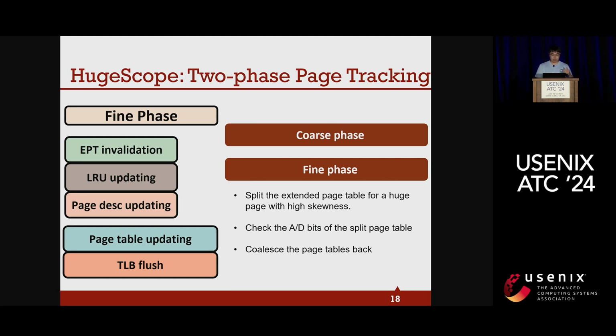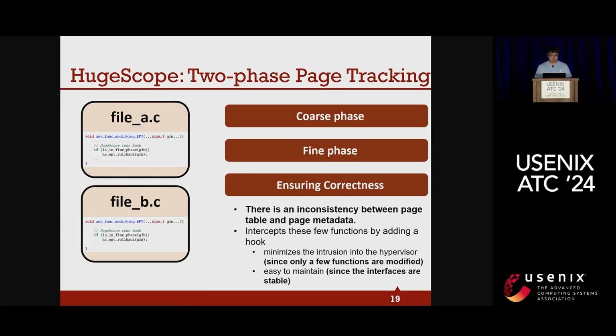Fine phase tracking bypasses all the metadata related operations, and it only updates the second-level page table and flushes the related TLB. Metadata update bypassing creates an inconsistency between the metadata and the second-level page table.